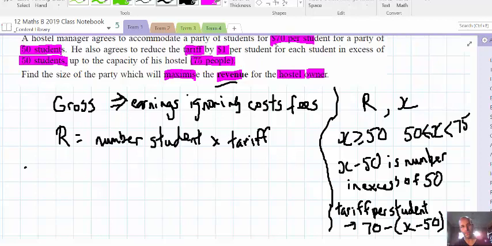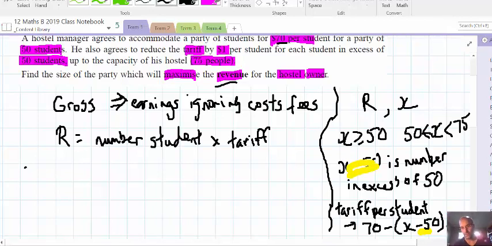The tariff per student is the $70 standard amount minus the number of students in excess of 50. So you can see that that's carried down there.